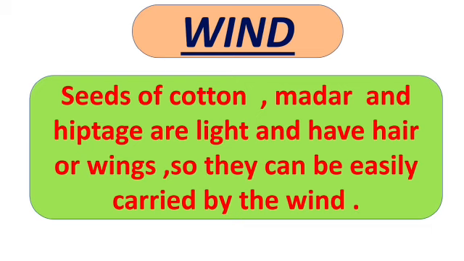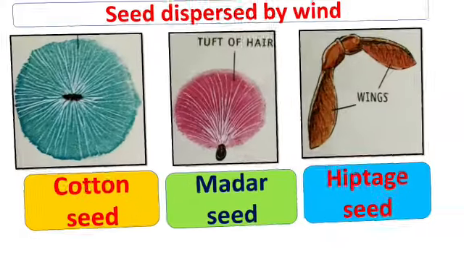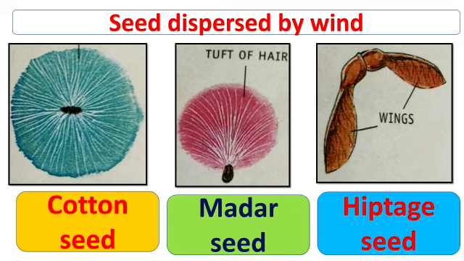Seeds of cotton, madar and heptage are light and have hair or wings, so they can be easily carried by the wind. Now see the cotton seeds. Cotton seeds have hair all around the seeds.